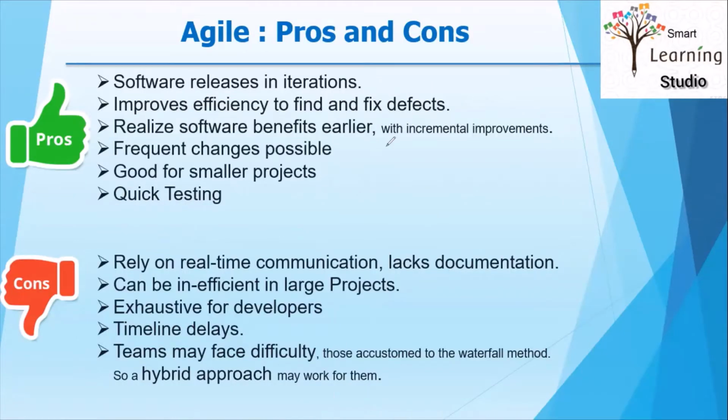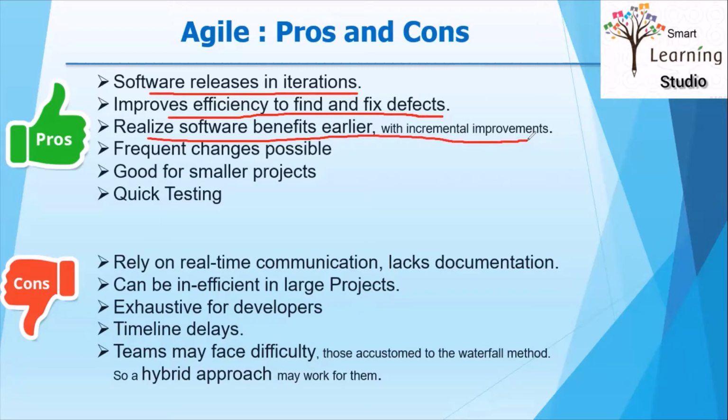Let us discuss the pros and cons of agile development. Software releases are in iterations, so this is a good thing. It improves efficiency to find and fix defects, and realizes software benefits earlier with incremental improvements. So you are developing very small parts, testing and deploying them.